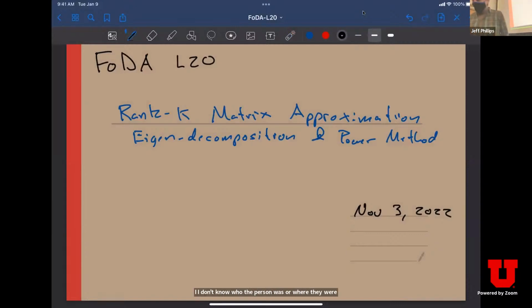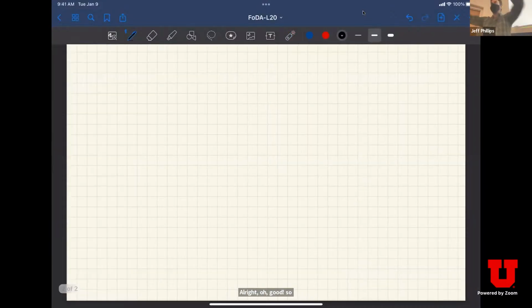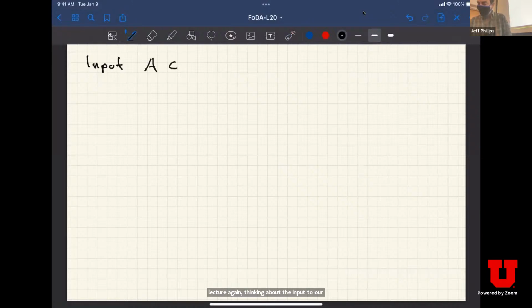All right, okay, so let's go back, and we're going to start this lecture thinking about the input to our problem, which is going to be A, a matrix n by d. I want to start by thinking about a low rank approximation of this.